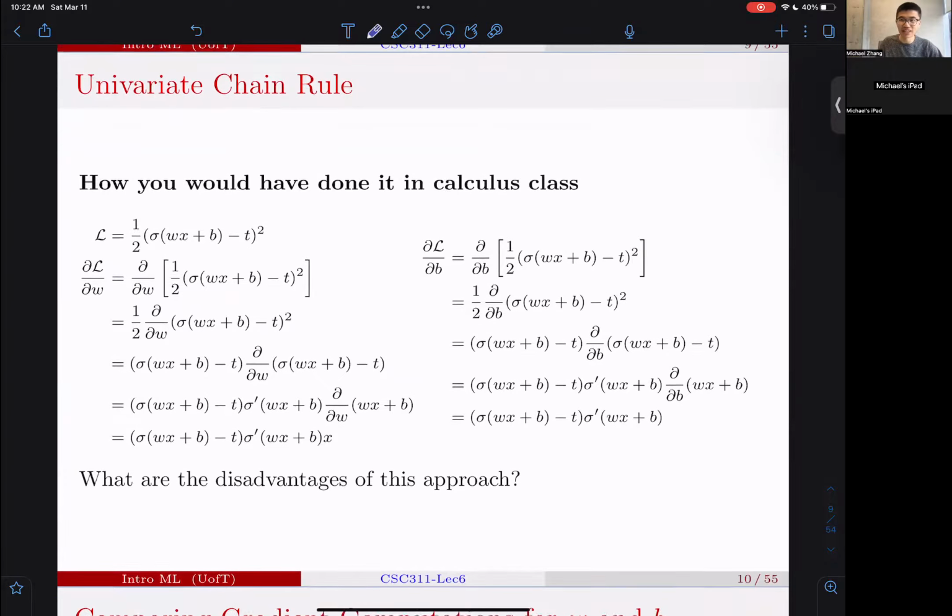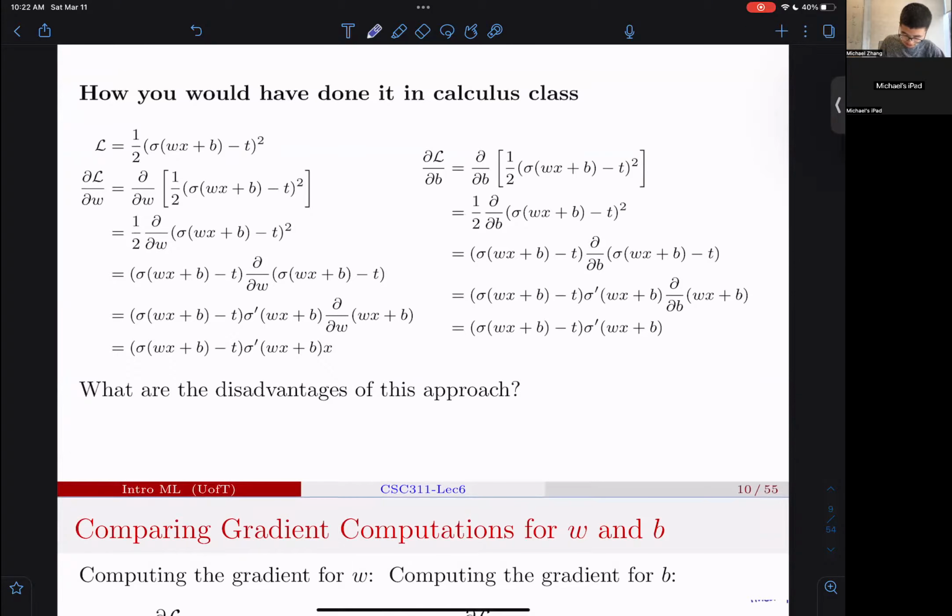So the two main disadvantages are, first, this is really computationally expensive, mostly because we're repeating a bunch of different operations. And then it's also really easy to make a mistake.